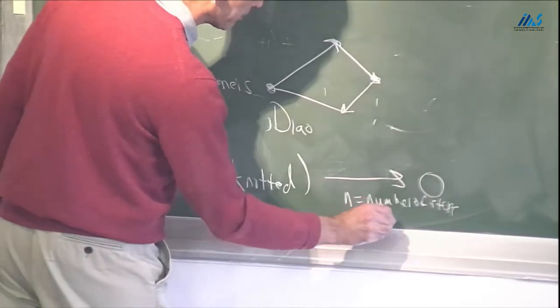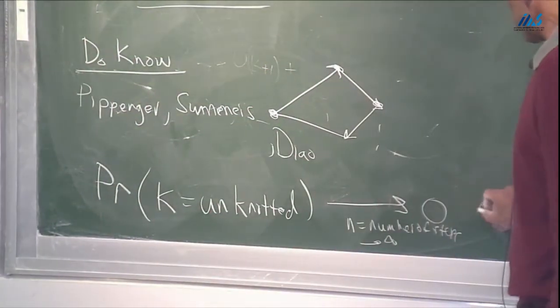As the number of steps goes to infinity, the probability goes to 0 exponentially fast.